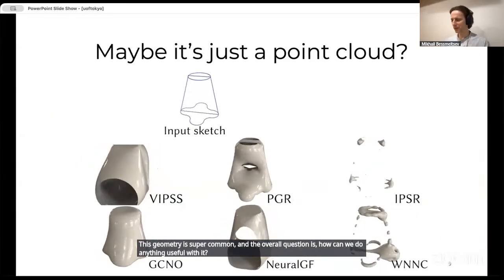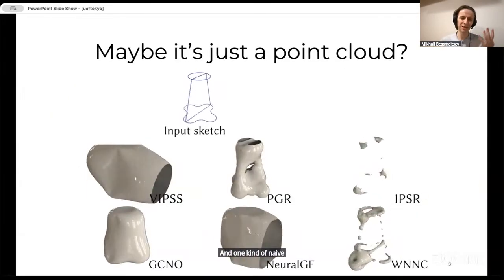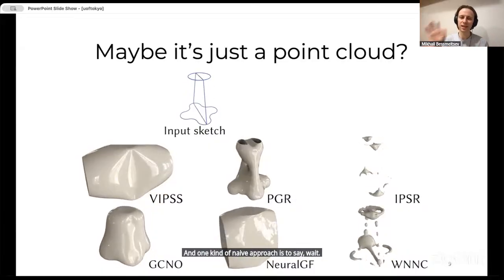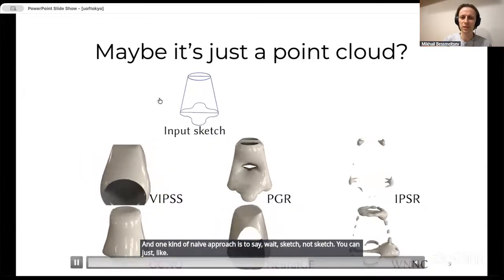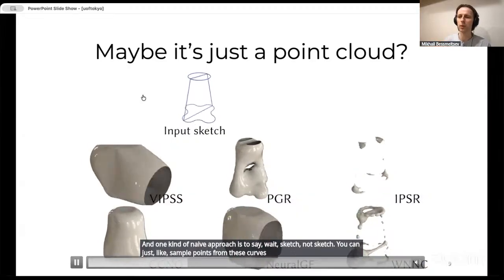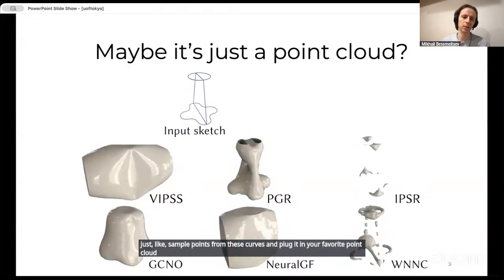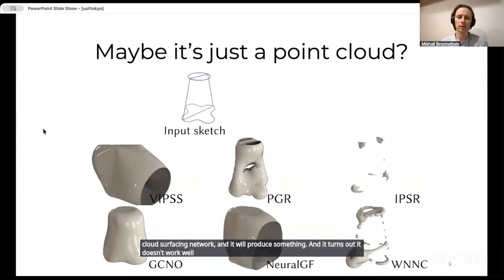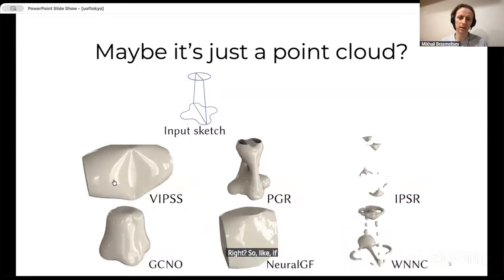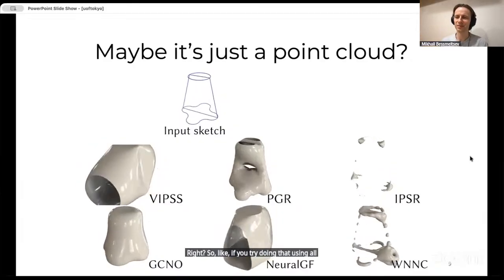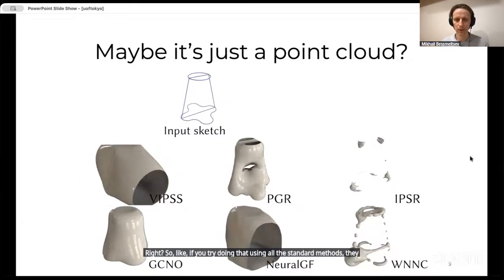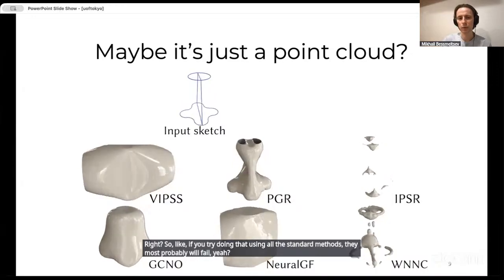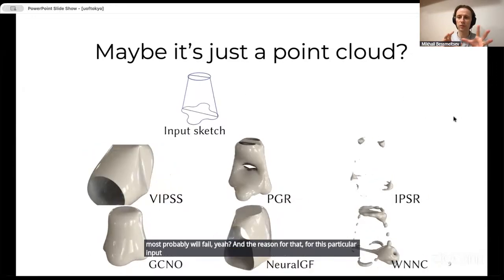One naive approach is to say, you can just sample points from these curves and plug them into your favorite point cloud surfacing network, and it will produce something. And it turns out it doesn't work well. If you try doing that using all the standard methods, they most probably will fail. The reason for this particular input is that curves are very sparse.